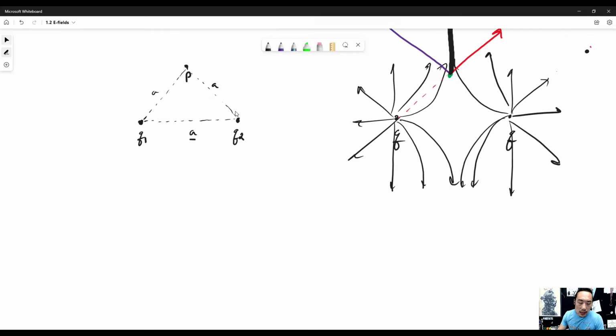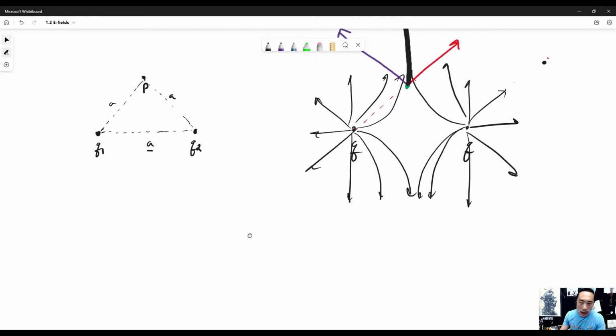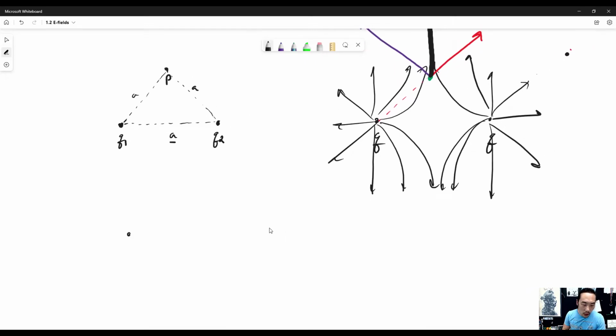In order to find the net E field at point P, we have to find the overall E field that Q1 produces at point P. If I have Q1 here, and I'm looking at point P there, I know that my E field will point radially up and to the right, and this separation distance is A. Our formula is E equals KQ over R squared, so I could just rewrite this as E1 is KQ over A squared.